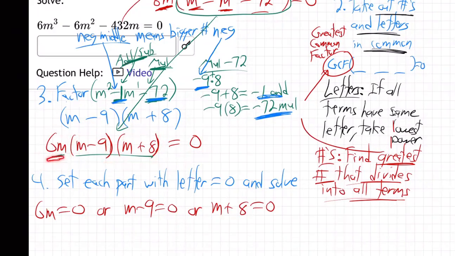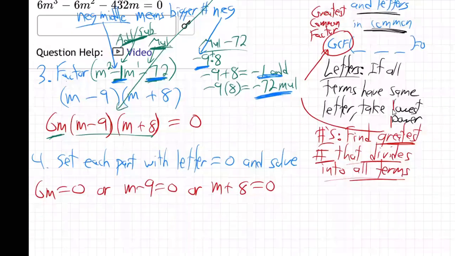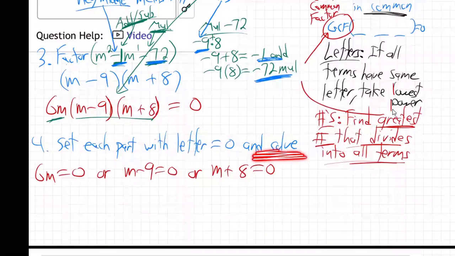So they're asking us how to figure out what's making this equal 0. Well, the first one could be 0, or the second one, or the third one. If any of those 3 is 0, then the whole thing will be true. So now and solve. So how do we solve these? Well, this one we're going to divide by 6. Does everybody see why I didn't subtract 6 there? That's because it's 6 times m, right?